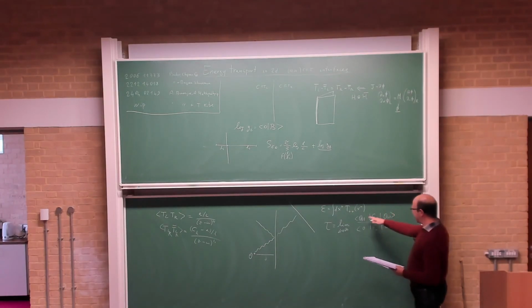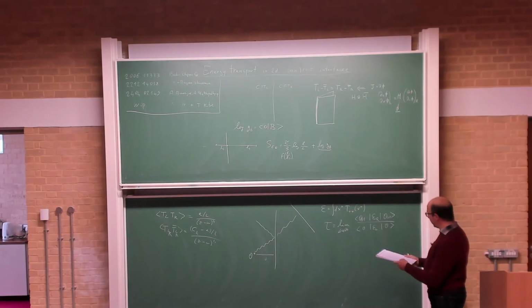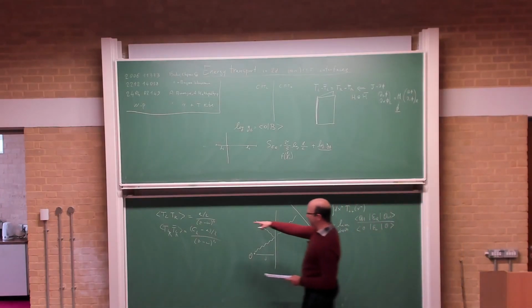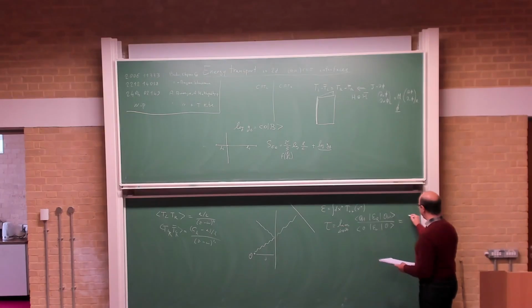In this ratio, this has a well-defined limit, and it has the interpretation of the transmission of energy. One can show that actually it's related to this coefficient defined here in Euclidean in a simple way. It turns out to be just A over C.